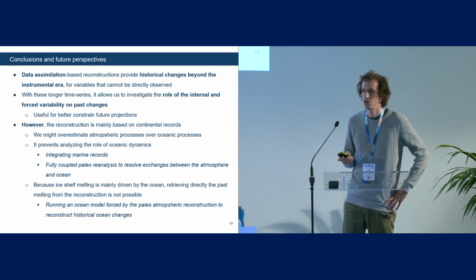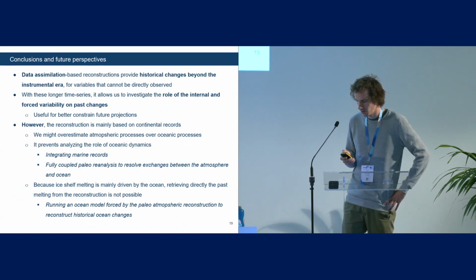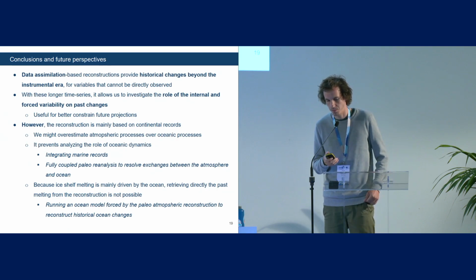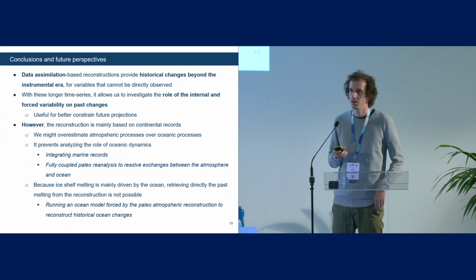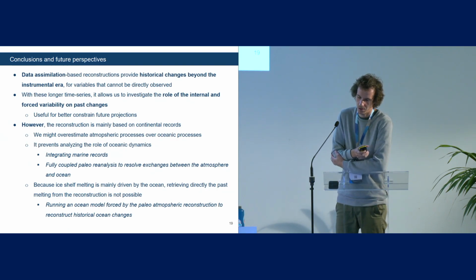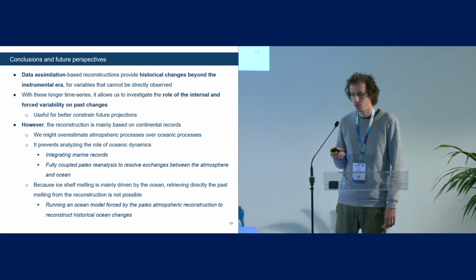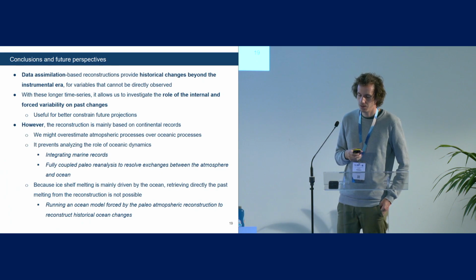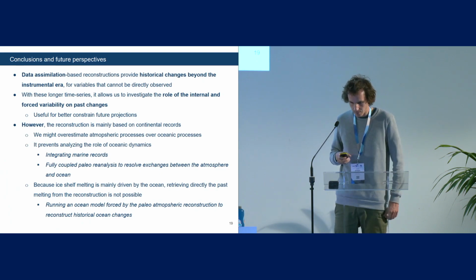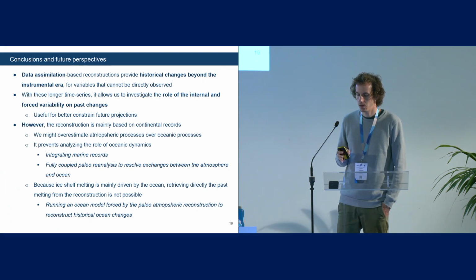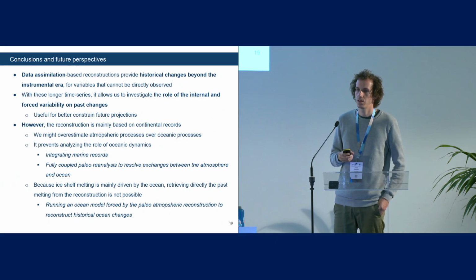Now, I would like just to give some conclusions about this work and some perspectives. So I hope I showed you that data assimilation is a powerful tool to reconstruct the past variability of the Antarctic, especially because we can provide a multivariate reconstruction.